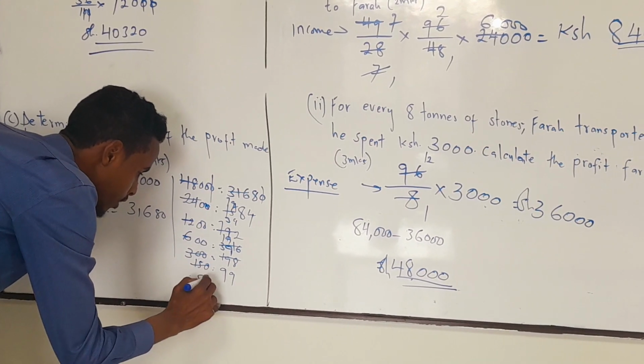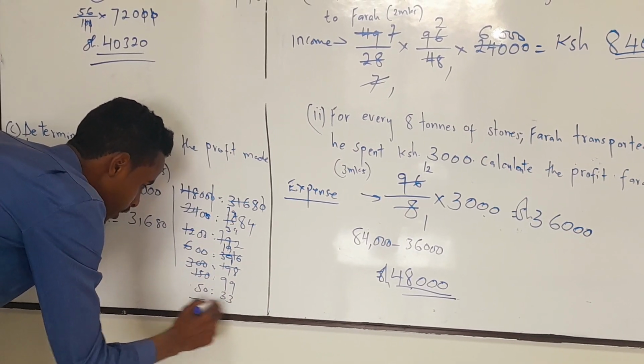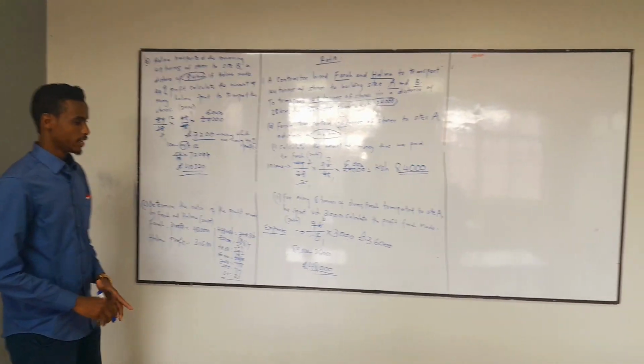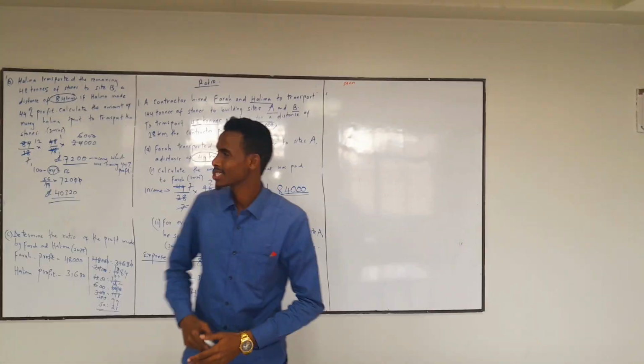By 3, 50 and 33. Now the ratio is 50:33.